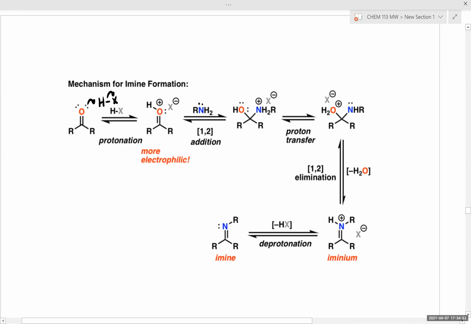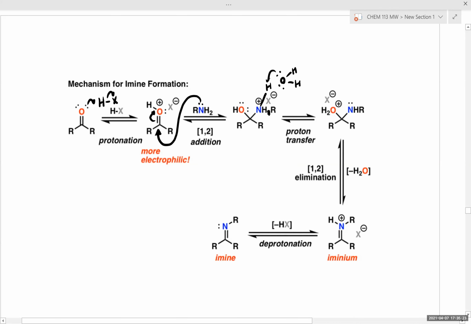From here, even weak nucleophiles, such as our primary amine, can attack our electrophilic carbonyl carbon. We generate this tetrahedral intermediate. Now, this is where things get a little bit interesting. In order to activate this alcohol as a leaving group, we have to initiate a series of proton transfers.